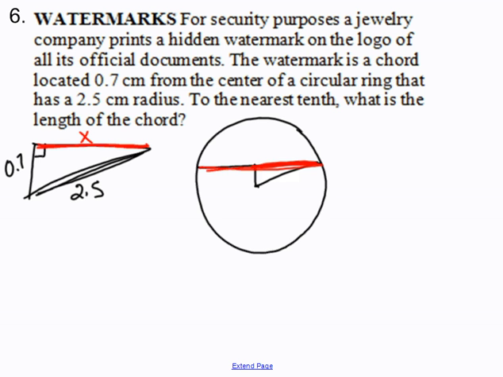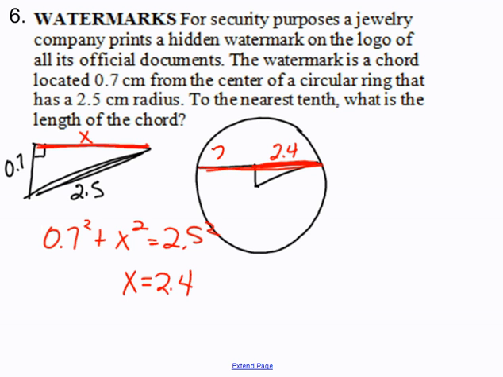So, here it is, Pythagorean theorem again. 0.7 squared plus x squared equals 2.5 squared. I do all that math and I end up with x equals 2.4. So if this is 2.4, this is then 2.4, and the whole thing would be 4.8.